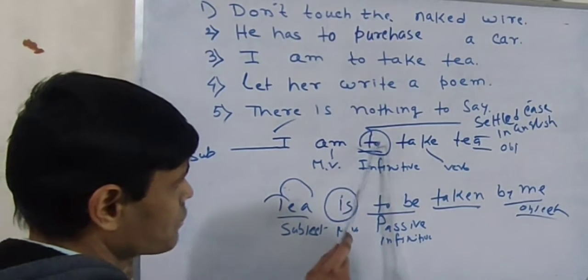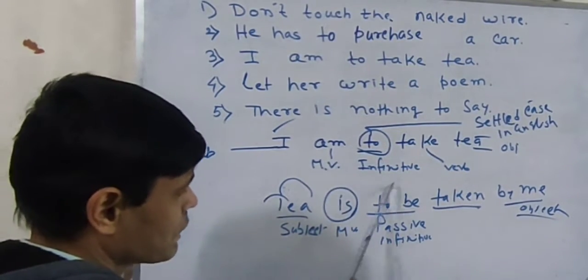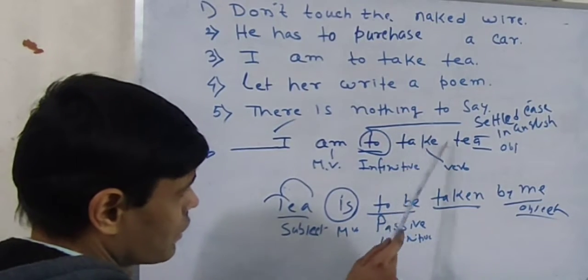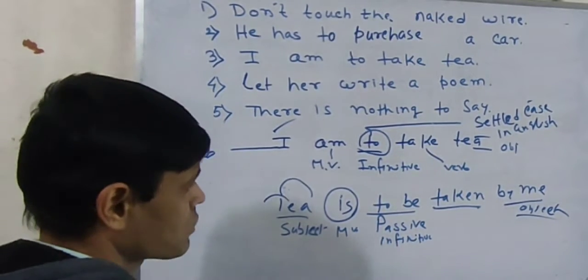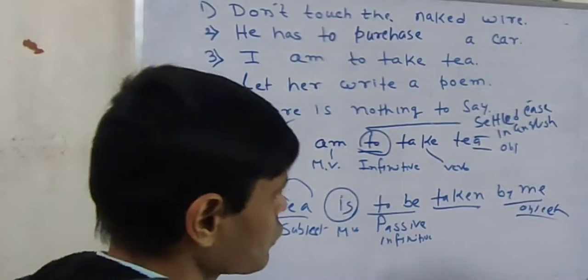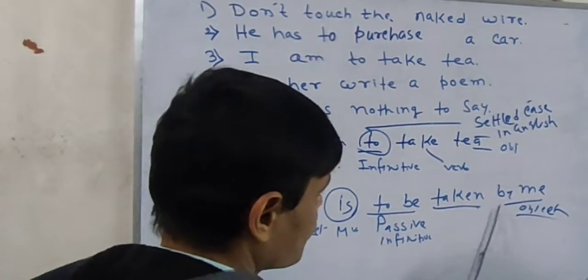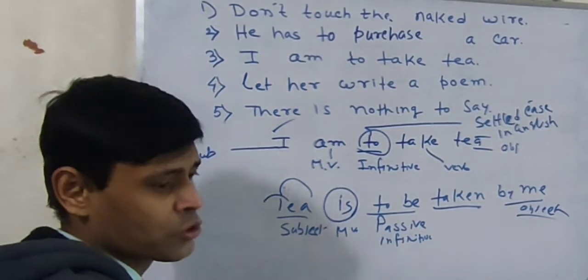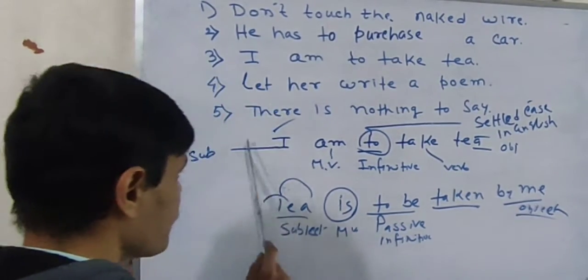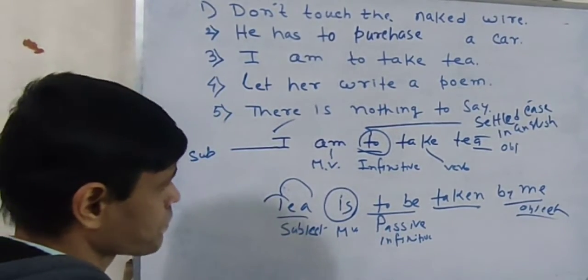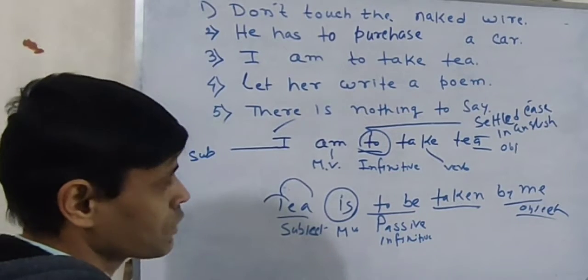To is the infinitive. Simple infinitive is transferred into passive infinitive. Here the verb to the infinitive is transferred into the last form or third form or past participle form. After that we have used by as per the rules of the passive voice. Then we have gone to change the subject into object.